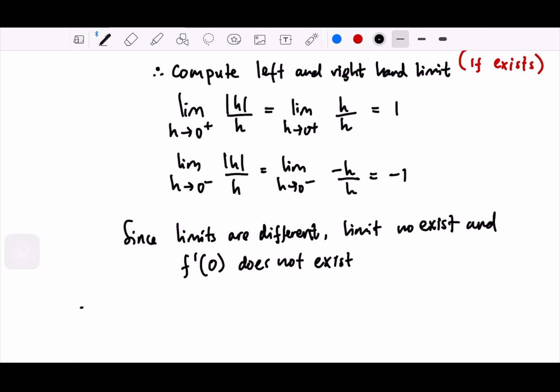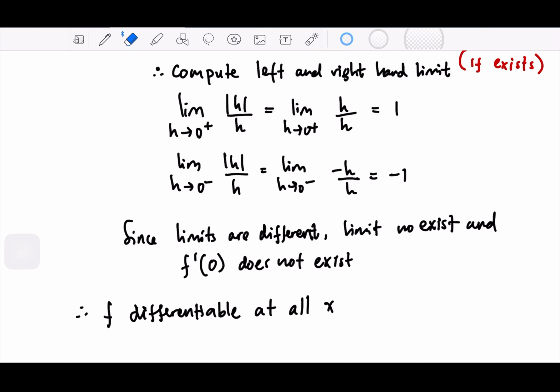Then the conclusion is that the function is differentiable at all x except at x equals 0.